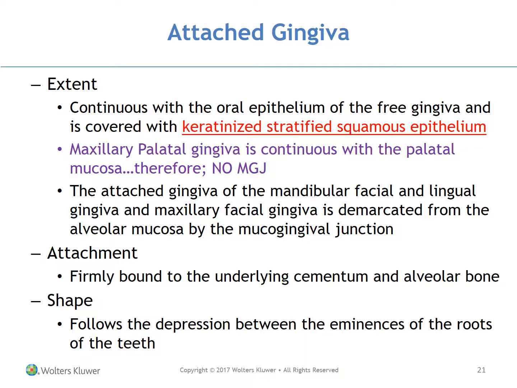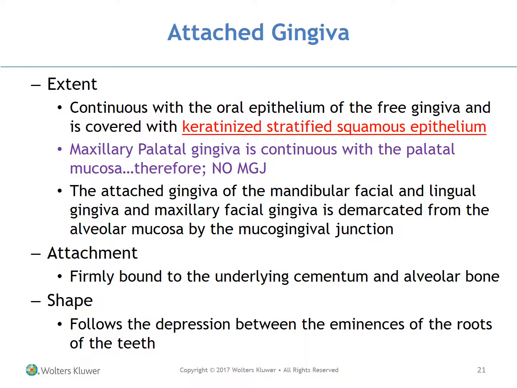The attached gingiva of the mandibular facial and lingual gingiva and the maxillary facial gingiva is demarcated from the alveolar mucosa by the MGJ, the mucogingival junction. That's on the mandibular facial, the mandibular lingual, and the maxillary facial. And you'll be measuring that, so it's really important that you know that.